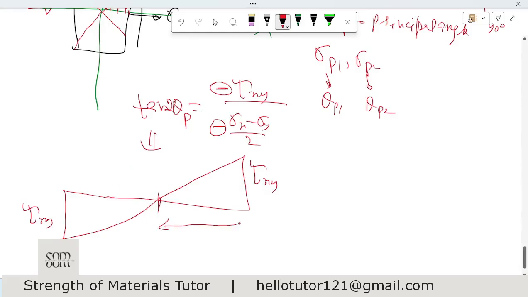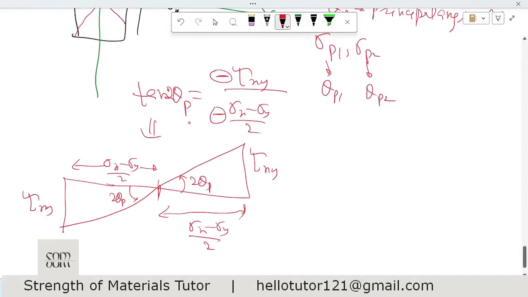This side is (sigma x minus sigma y) by 2, and this is also (sigma x minus sigma y) divided by 2. This is 2 theta p and this is 2 theta p. They are 180 degrees apart, so the angle between theta p1 and theta p2 is 90 degrees.